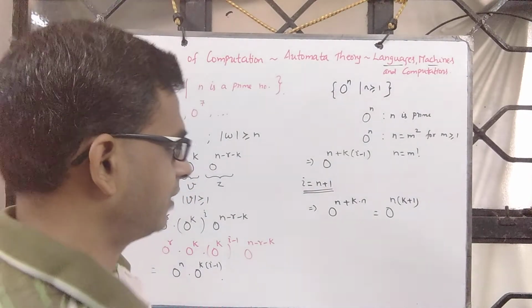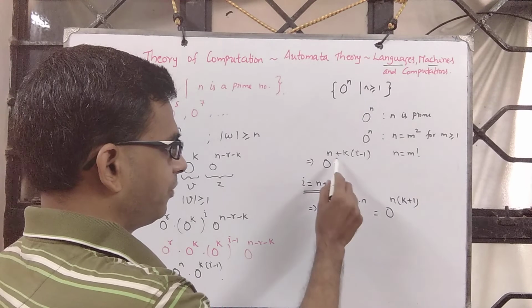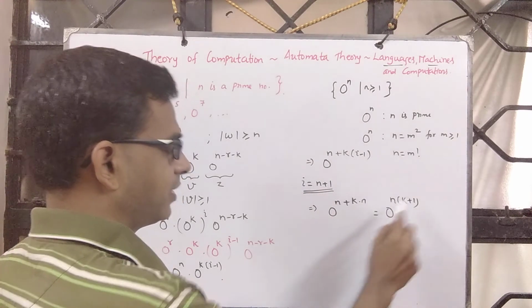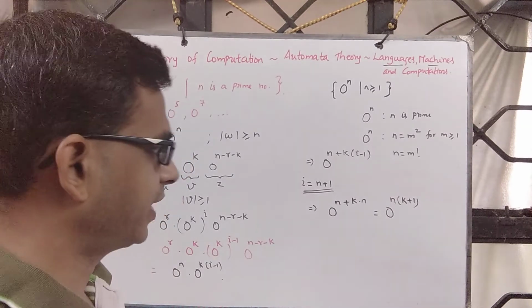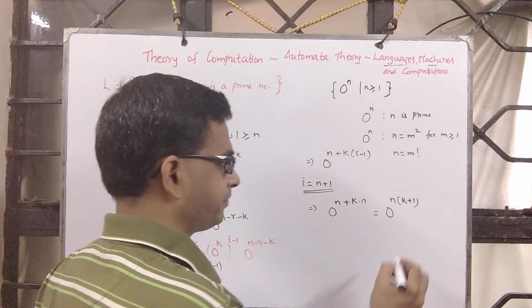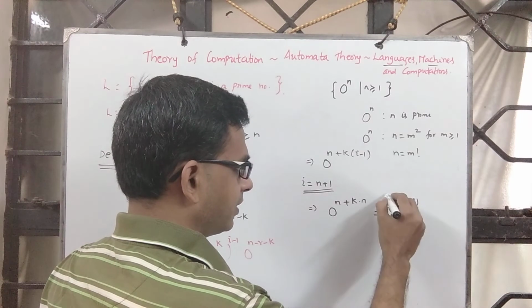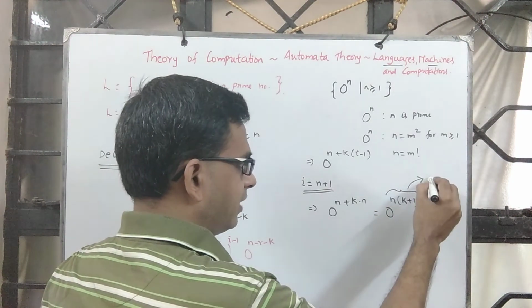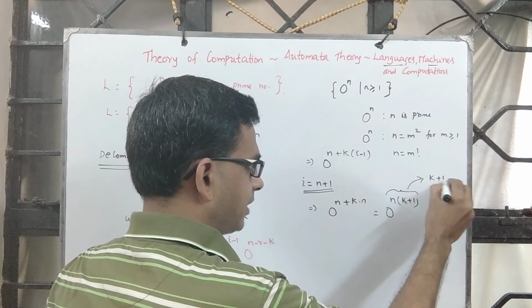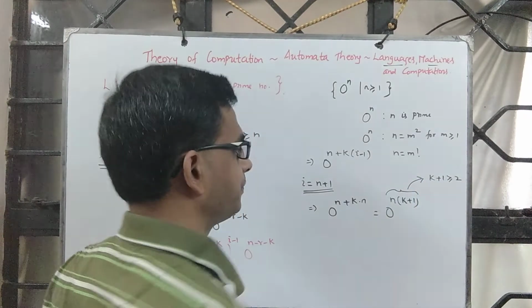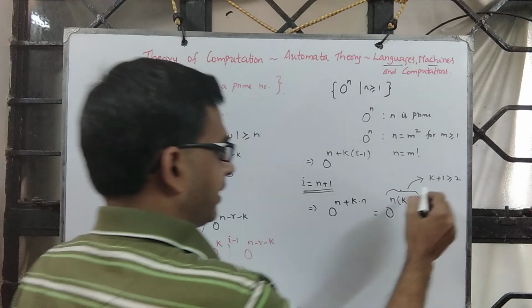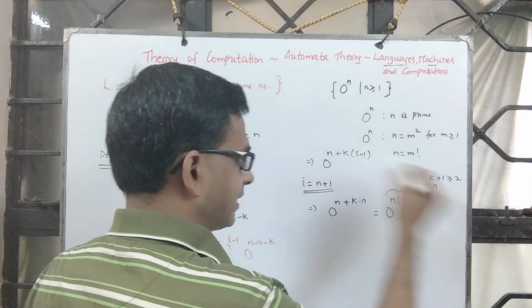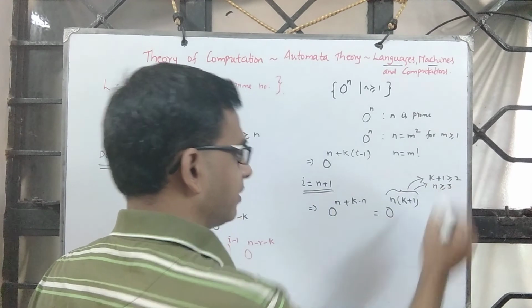This is what I was referring to before. I want to substitute an appropriate value for i so that this becomes a product term. One can argue that it's a composite number. Now look at this term. k is at least 1, which means k plus 1 is at least 2. And n, if you include 2 then it is at least 2, but I start from 3, so n is at least 3.